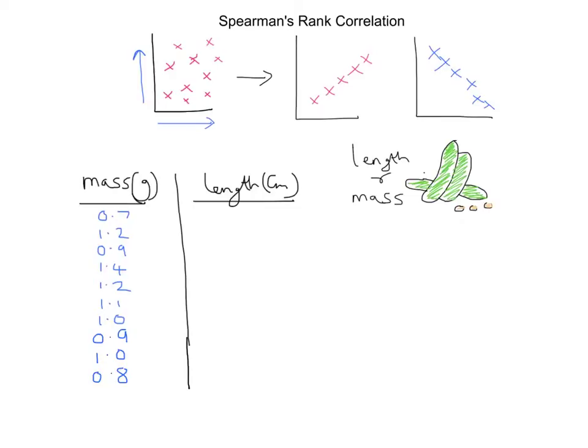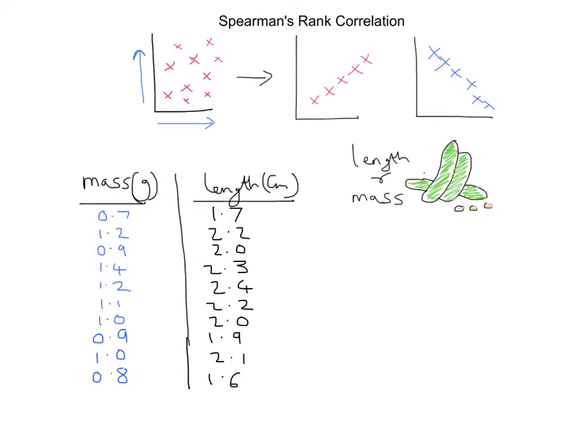Now we're going to record the lengths, in order. Again, we'll just make up some numbers here: 1.7, 2.2, 2.0, 2.3, 2.4, 2.2 again, 2.0, 1.9, 2.1, and finish on 1.6.